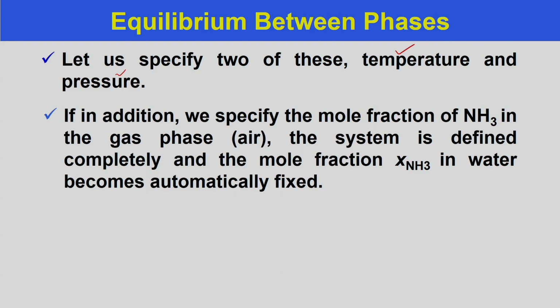Now, in addition, if we specify the mole fraction of ammonia in the gas phase, that is in the air, the system is then defined completely, and the mole fraction of ammonia in water becomes automatically fixed. So, if we just fix the ammonia concentration in the gas phase, the corresponding liquid phase concentration we can calculate from the equilibrium relations. So, that would be fixed.